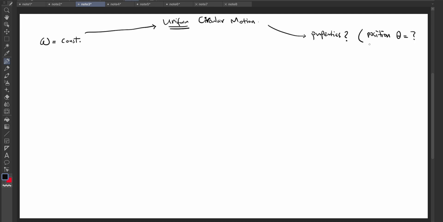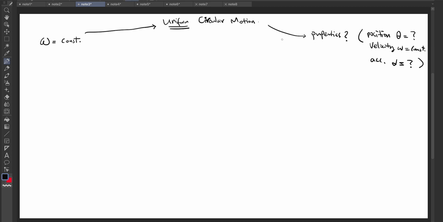And what's the velocity? We already know that actually. And what's the acceleration, alpha? So those are in the angular coordinate system.